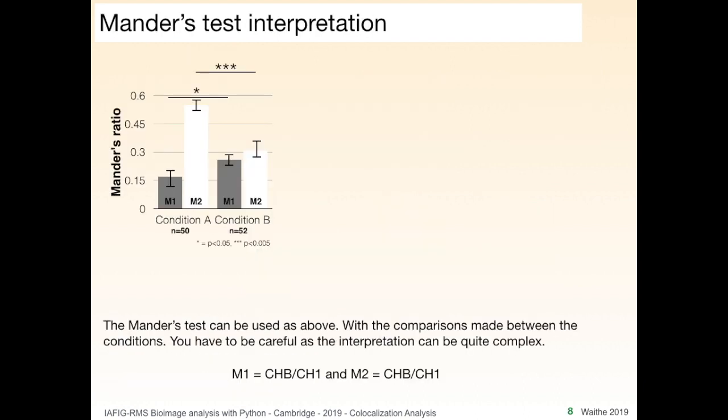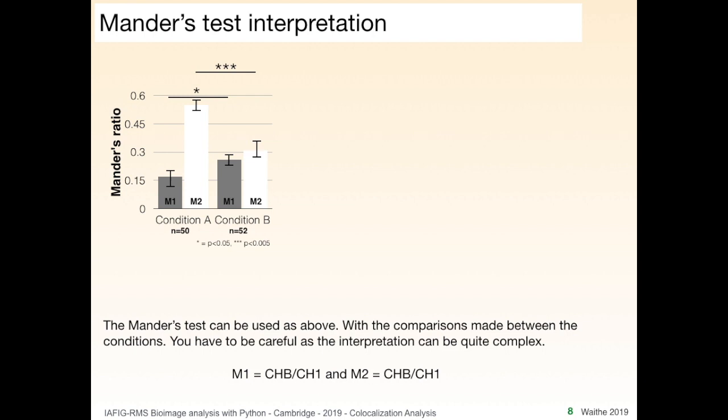So this is a typical kind of experiment. I'm only showing you one cell, but obviously you would process a population of cells from a number of independent experiments performed and imaged on different days, and then you would amass the M1 and M2s from those cells and produce a distribution like this.